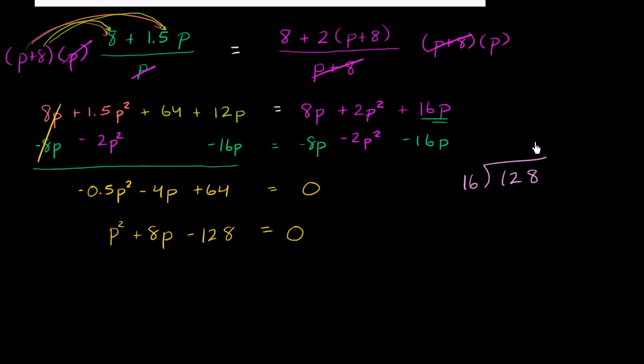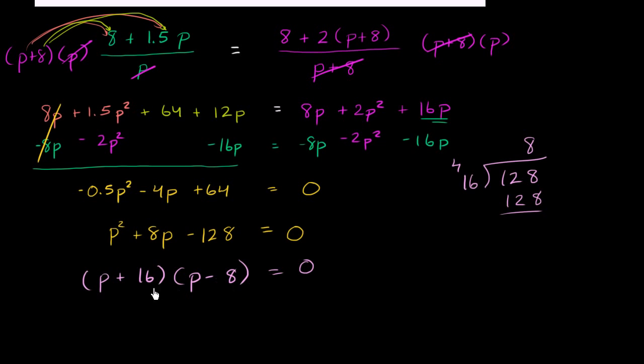Does it go 8 times? 8 times 6 is 48. 8 times 10 is 80, plus 48 is 128. Yep, it goes 8 times. So 16 and 8 seem to work. If you have positive 16 and negative 8, the product would be negative 128. So we can factor this as p plus 16 times p minus 8 is equal to 0.